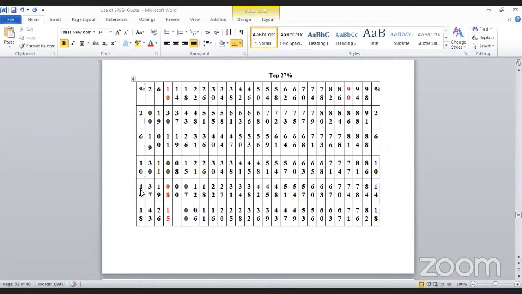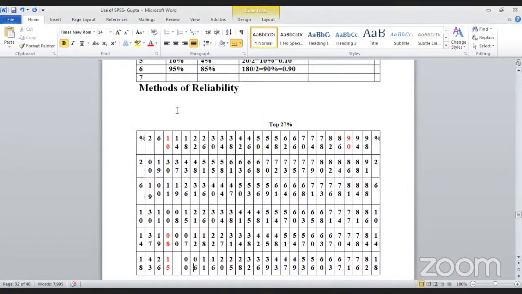Because for 14% it is 0.08 and for 18% it is 0.15. So let me tell you that when it is 14%, then the value is 0.08.